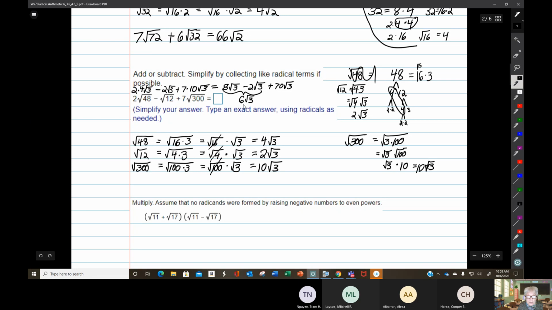So I have 6 square roots of 3 plus 70 square roots of 3. That will be 76 square roots of 3, just to put it over here in the little box.